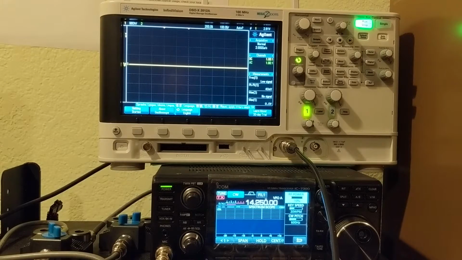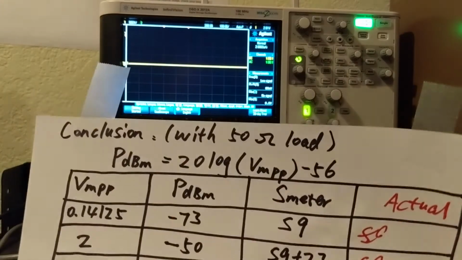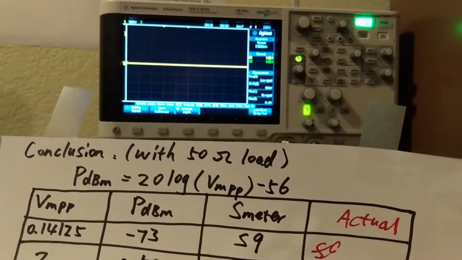If I send out a CW tone, it's a pure sine wave. In the other YouTube video, I showed you how to get the formula. The formula is this one, the top line: P equals 20 log V minus 56.